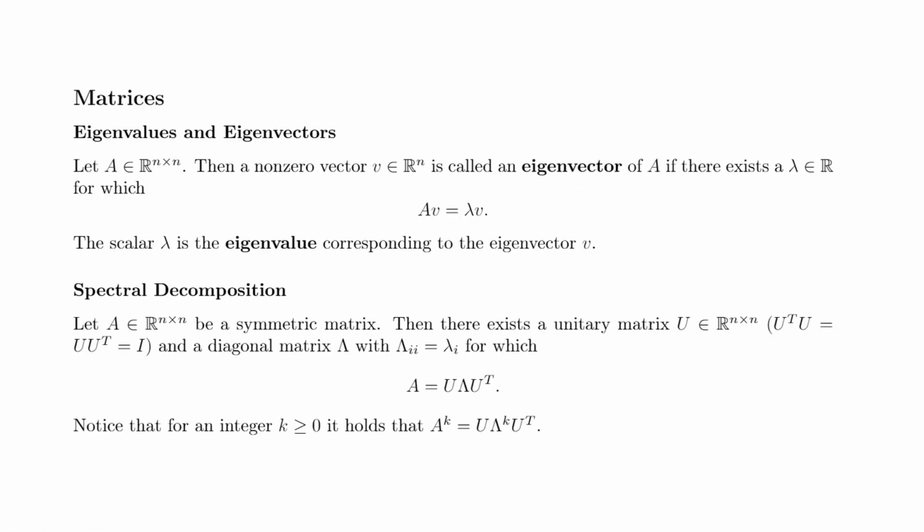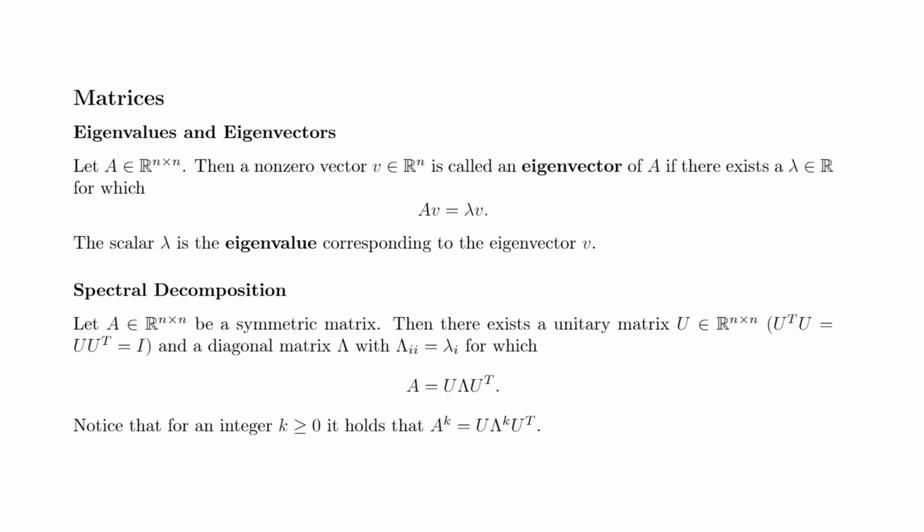For a matrix A, let v be an eigenvector of A, with lambda being a corresponding eigenvalue. And so, A multiplied by v is equal to lambda multiplied by v. It means that multiplying v with the matrix A is equivalent to multiplying v with the scalar lambda.